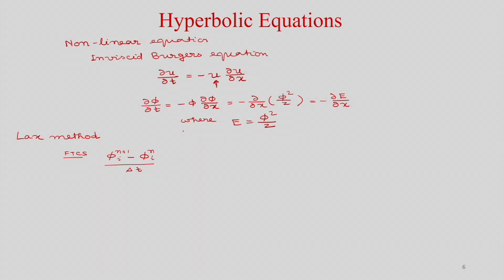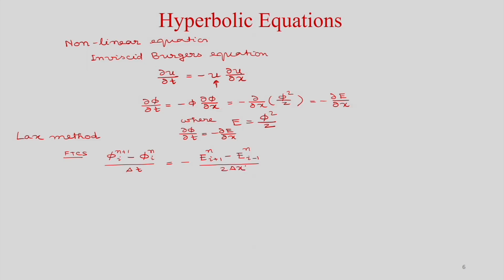So, now the governing equation is del phi by del t is equal to minus del E by del x. Okay. So, this we will write as minus, so central difference we are using, E I plus 1 n minus E I minus 1 n divided by 2 delta x.